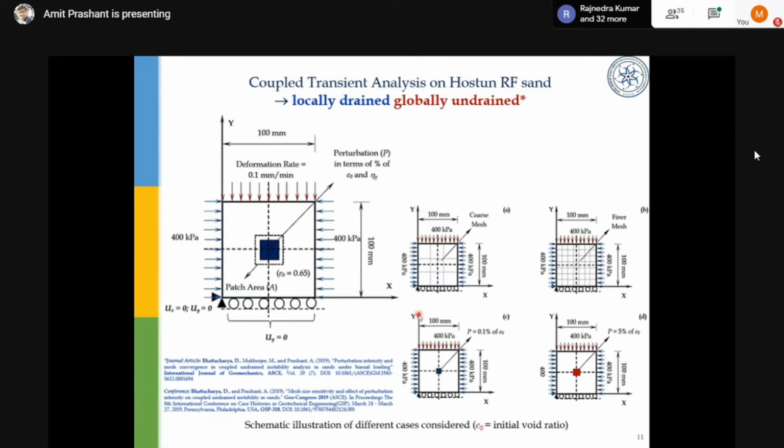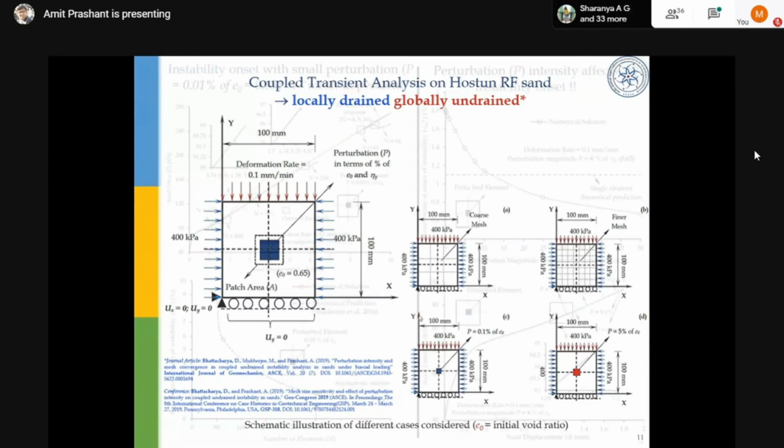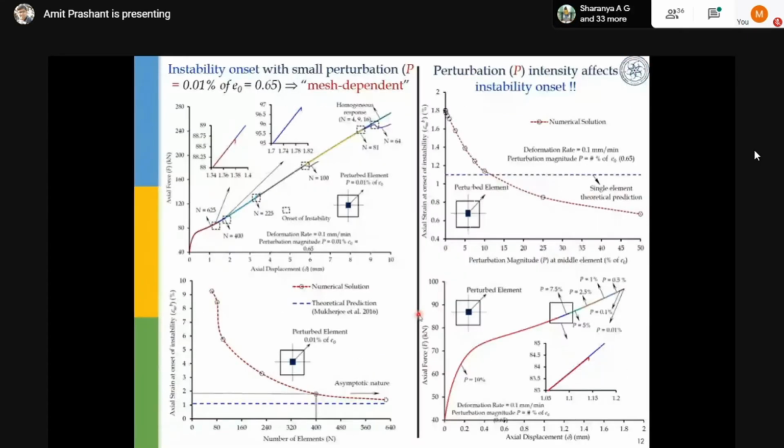So one message that comes from here is that if you want to simulate instabilities properly, especially under undrained conditions, it is better to do transient analysis than the steady state type of regular analysis that we do at small strain formulation. So that was one key finding from that.